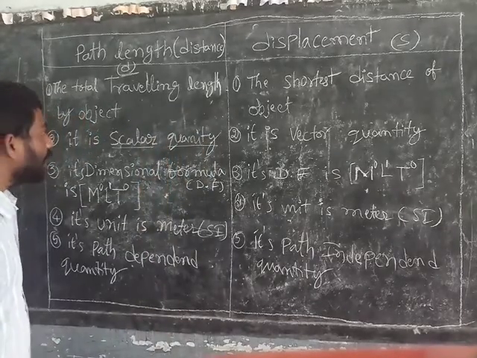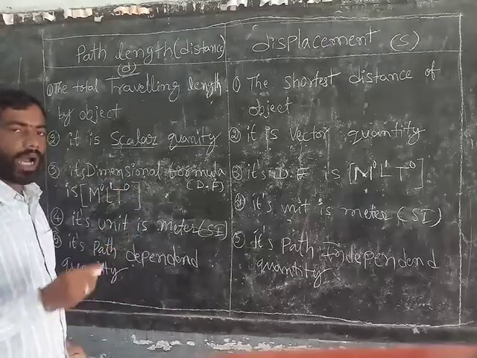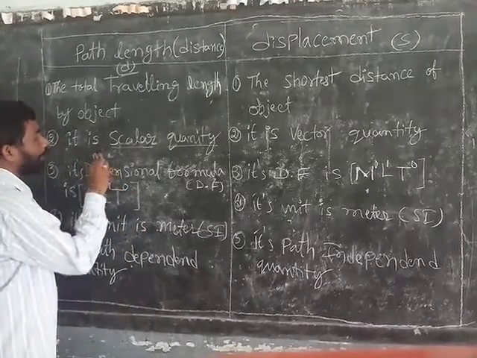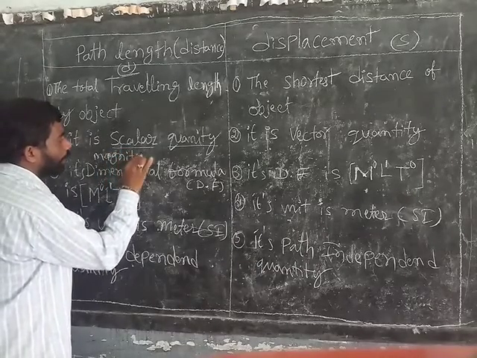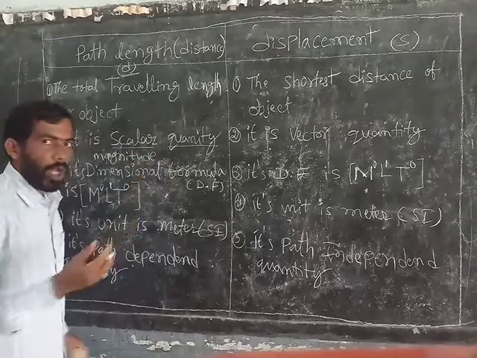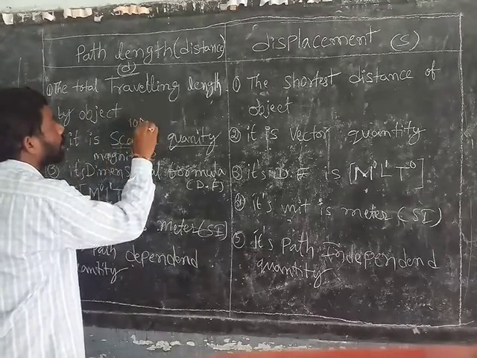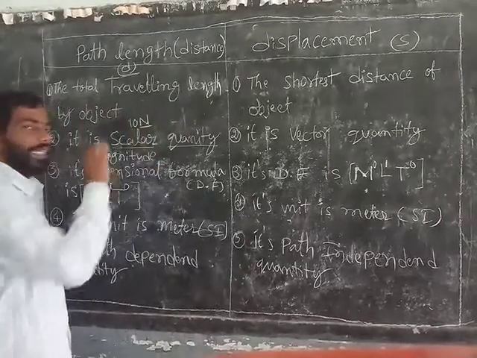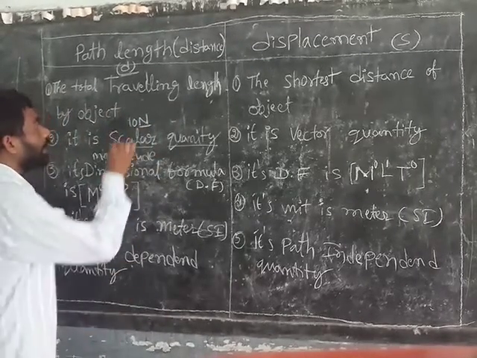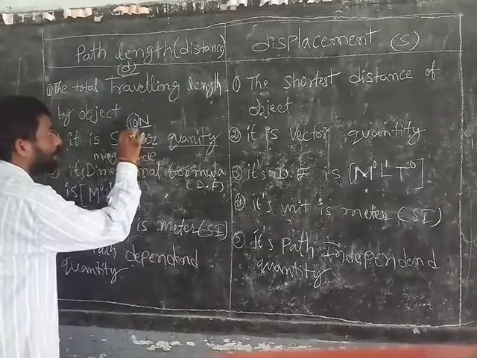Scalar means it has only magnitude. It means it has some value. Suppose 10 newtons: here N denotes the unit, and this number 10 gives the magnitude.